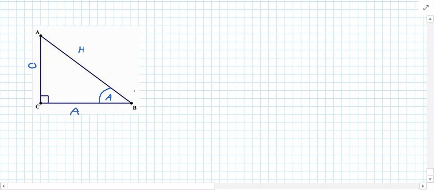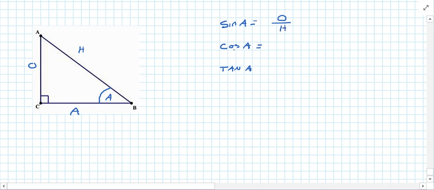And what we can do then is we have sine A, we can have cos A, and then we have tan A. So sine A is opposite divided by hypotenuse.